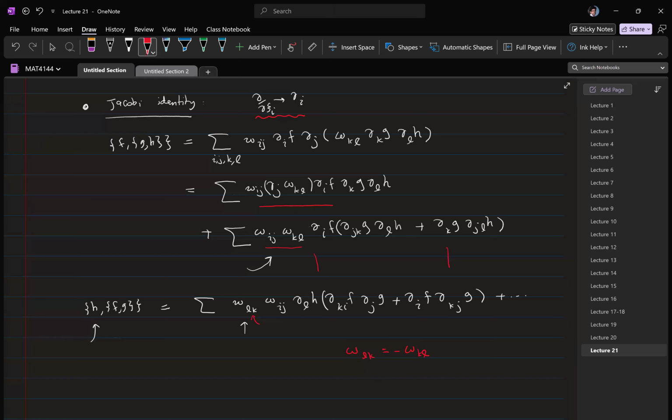So I have this partial JKG, partial LH. So I have partial KJ, but partial KJ and JK are the same thing. And I have the partial IF. Okay. So in other words, this term cancels with this term because the signs here are different. WIJ, WKL, WLK, WIJ, which has opposite sign. Okay. So I could say that these guys cancel.